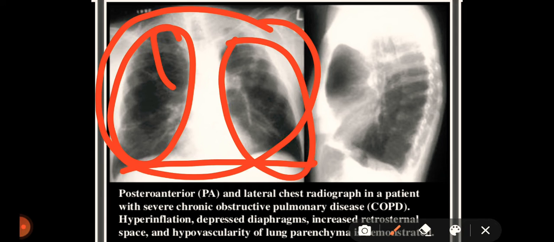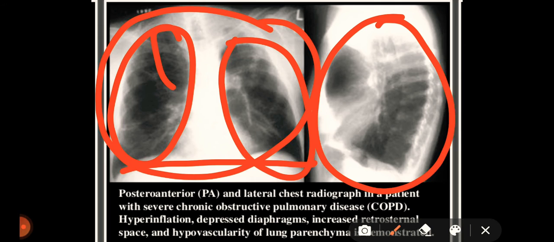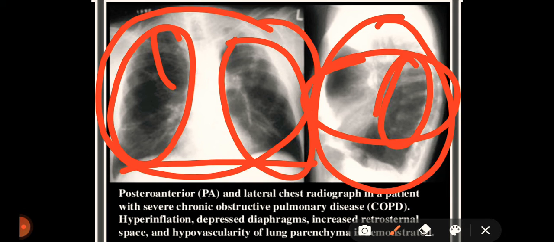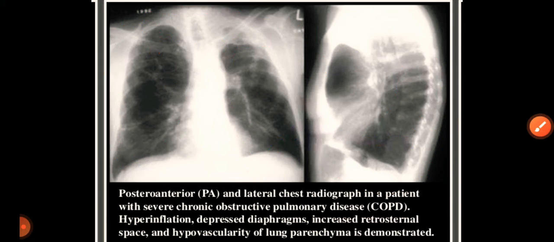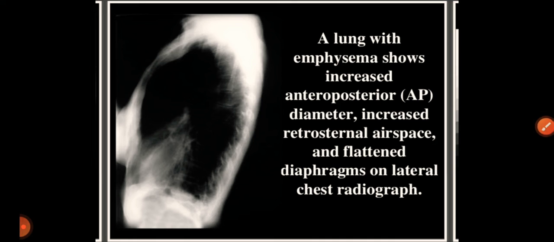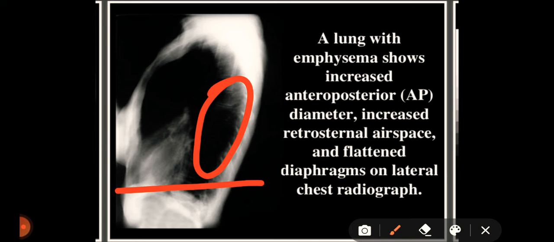In the lateral view, you can appreciate the increased anteroposterior diameter and the increase in the retrosternal space. Here is the lateral view again, showing the increased anteroposterior diameter, increased retrosternal space, and the flattened diaphragm.